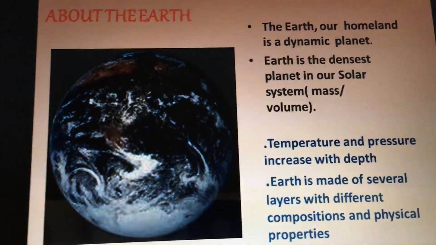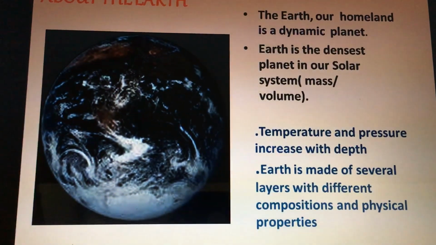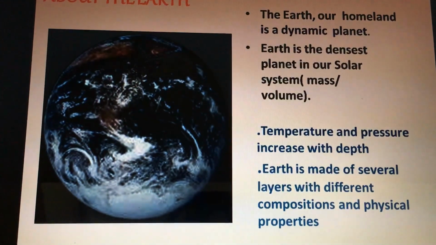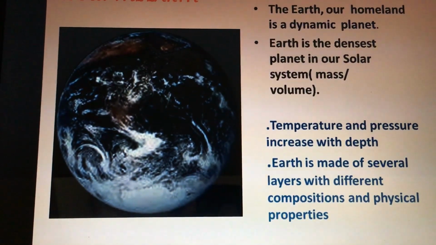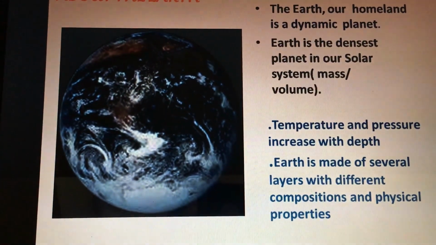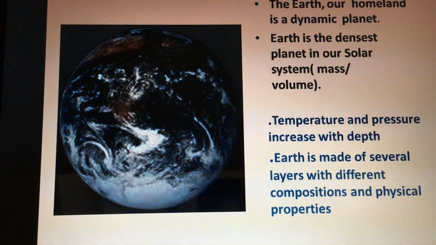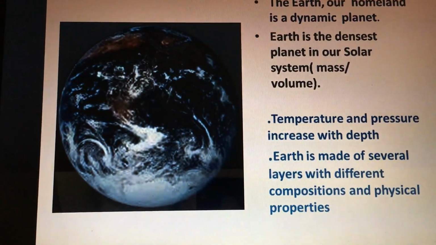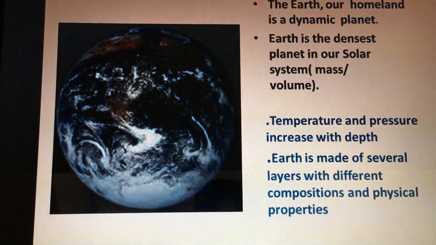That is why it is carrying a lot of population, and it is made up of several layers with different compositions and physical properties. The person who studies its interior is called a geologist. It is very important to have an elementary knowledge about the Earth's structure, and it is necessary to understand its surface also.